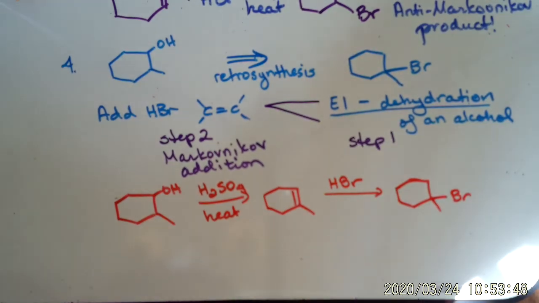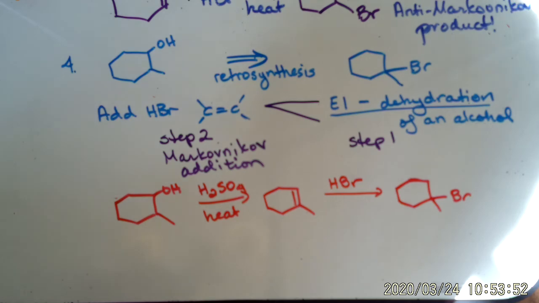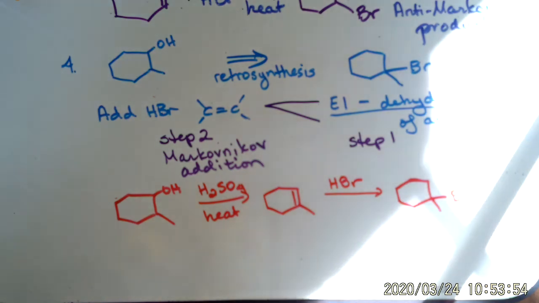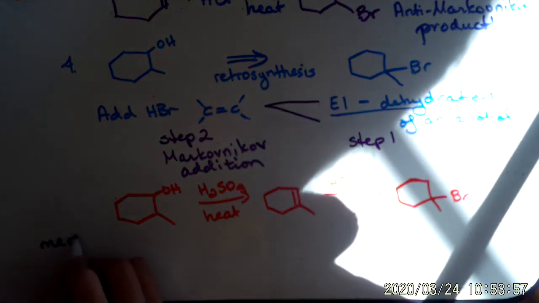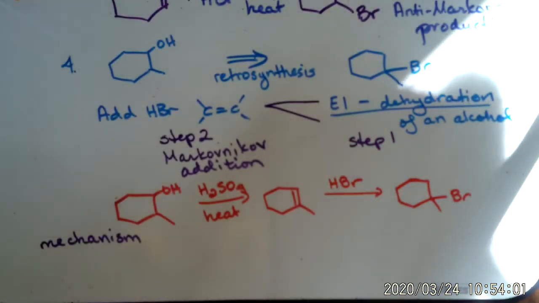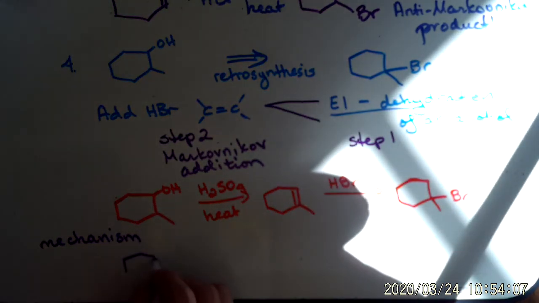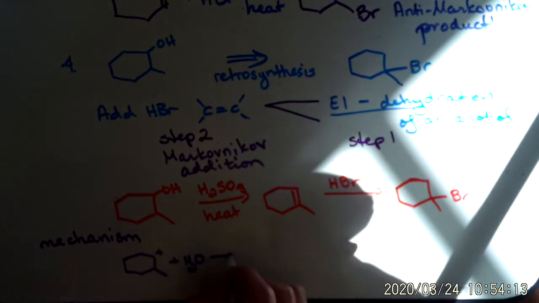Let's focus just a little bit on your mechanism. Okay, so the first one, remember, for your mechanism, you're going to protonate this, and you're going to lose your water, so you get a hydride shift.